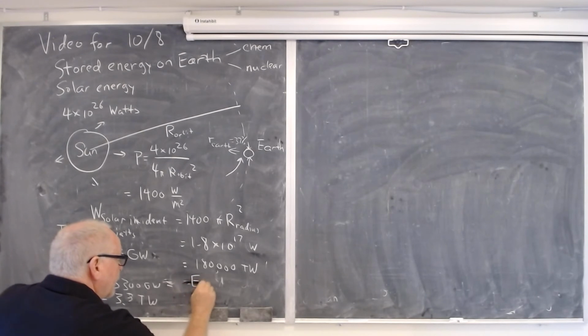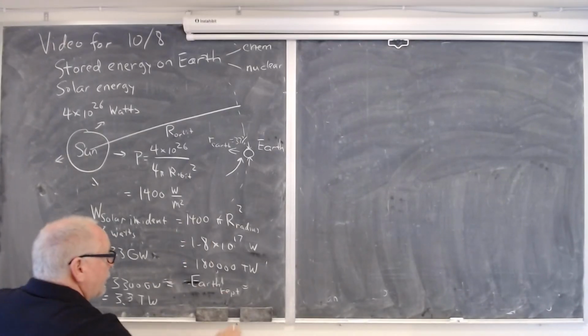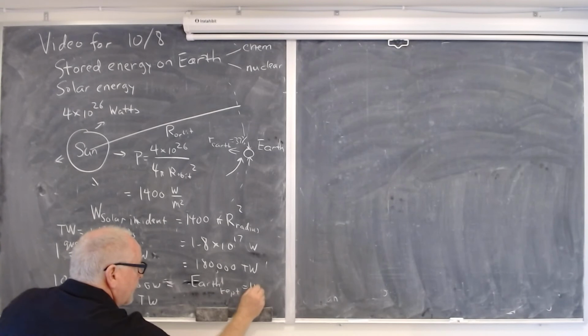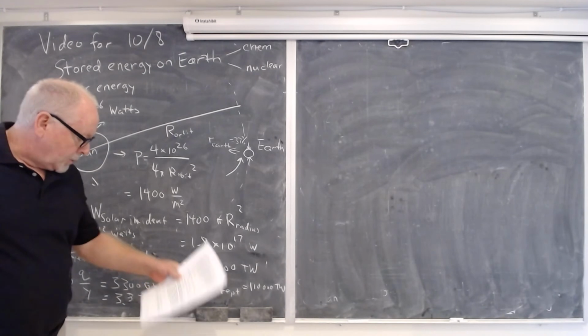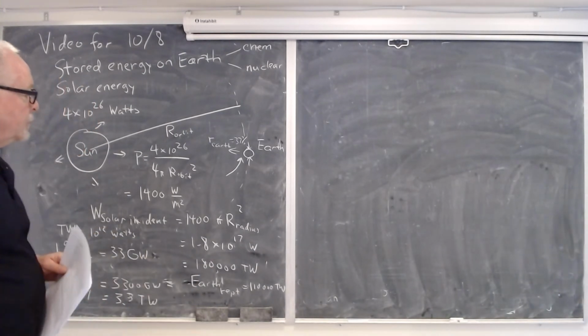Earth kept. You take 1 minus 0.37, and that works out to 110,000 terawatts. So of that 180,000 terawatts, 70,000 is reflected back into space.